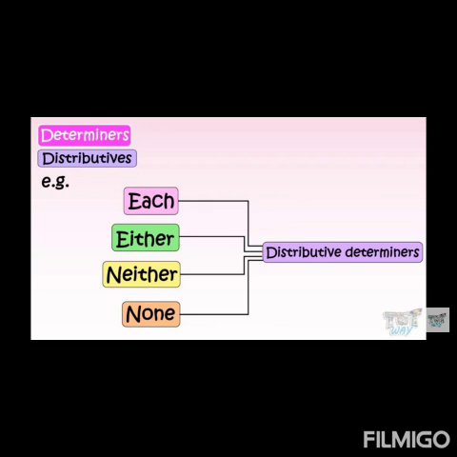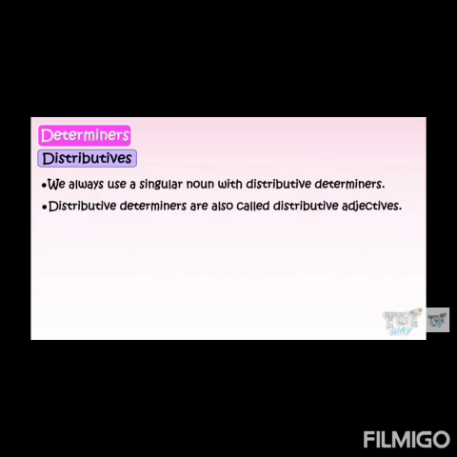These are examples of distributive determiners. Remember, distributive determiners are always used with a singular noun. Distributive determiners are also called distributive adjectives.